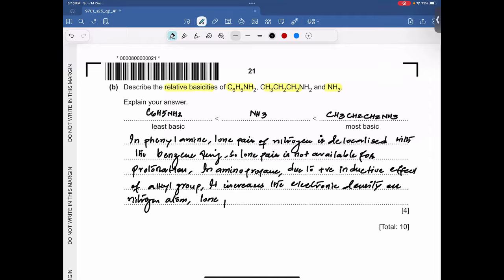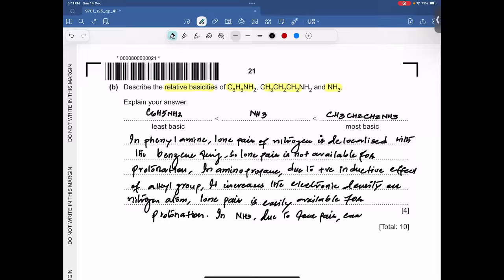Lone pair is easily available for protonation. In ammonia, due to lone pair, it can accept a proton easily.